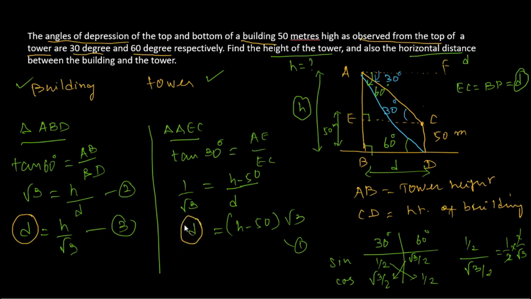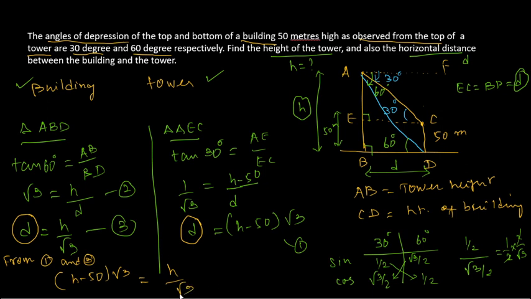So since LHS are equal, RHS should be equal when we compare 1 and 3. So let us compare 1 and 3. So H minus 50 into root 3 is equal to H by root 3.